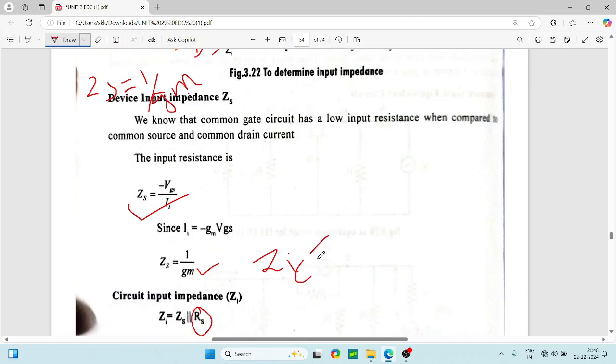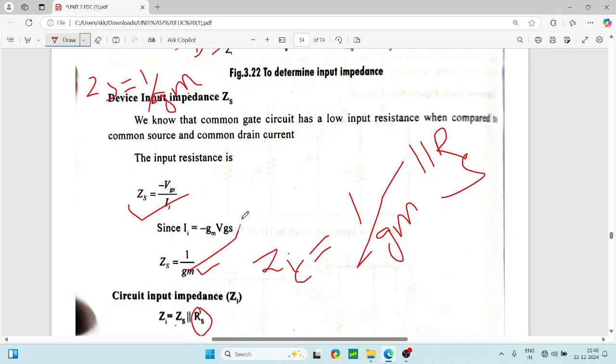Okay, ZIC, the input circuit resistance, is equal to 1 by gm in parallel with RS. What is 1 by gm? 1 by gm is equal to Z. They put Z instead of 1 by gm, then the circuit resistance RS. That's all. Input device impedance is over, circuit impedance is over.